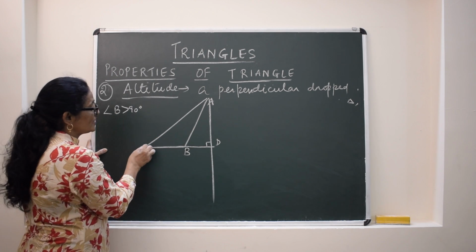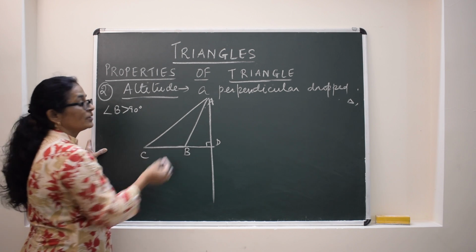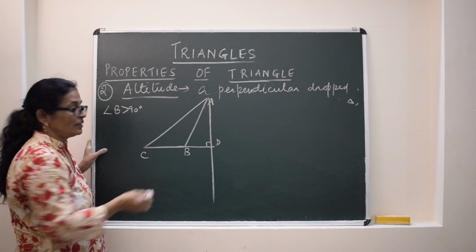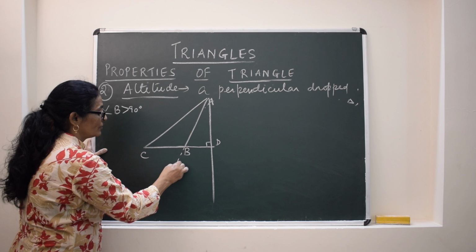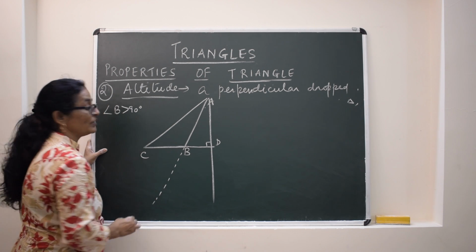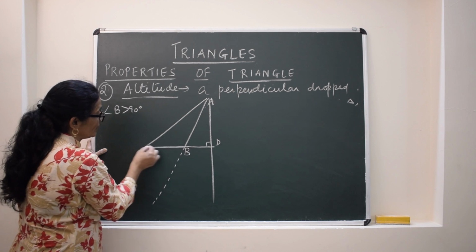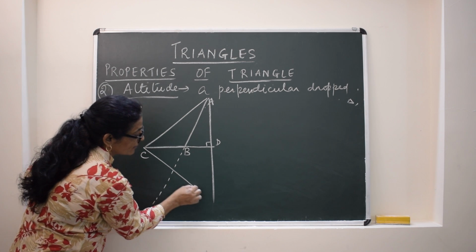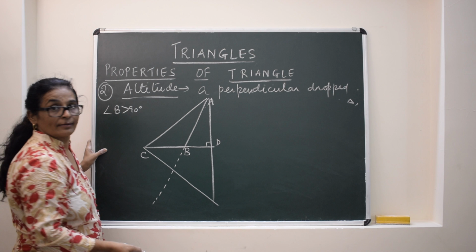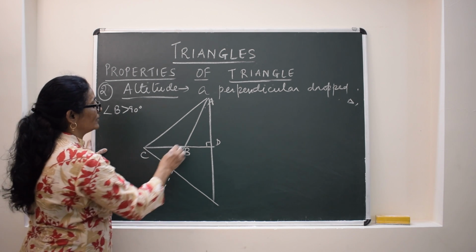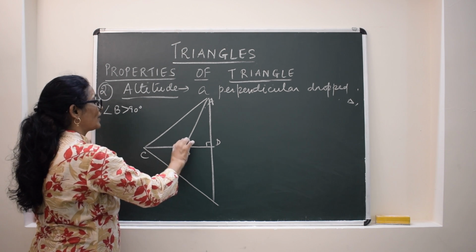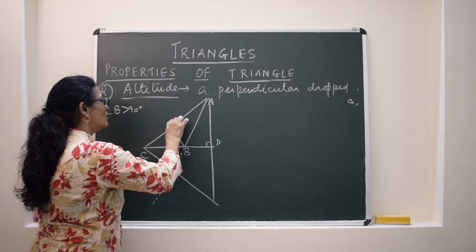Similarly, now from this C, I want to draw a perpendicular on this AB, which is again not possible. So I have to produce this AB, so that from this C on this AB, when I drop a perpendicular, it will come over here. Okay. Similarly, from this B, I have to drop a perpendicular on this.